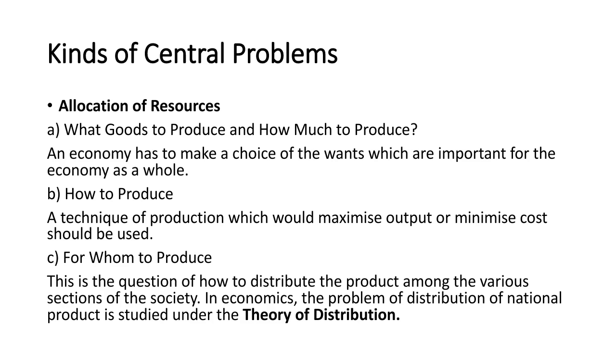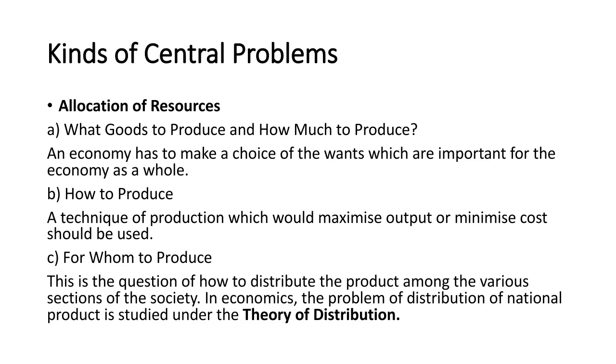Under allocation of resources, first of all, we will see what goods to produce and how much to produce. Due to limited resources, every economy has to decide what goods to produce and in what quantities. If the means are unlimited, then according to Friedman, it would lead to a stage of salvation.